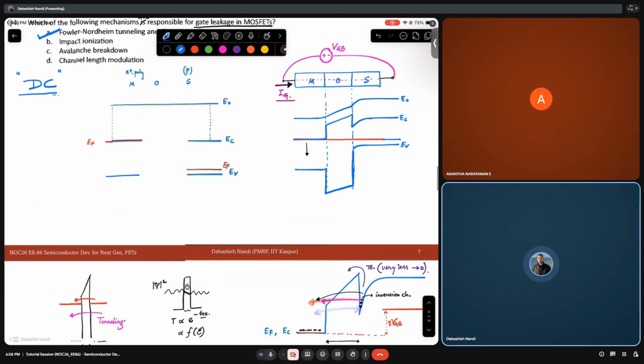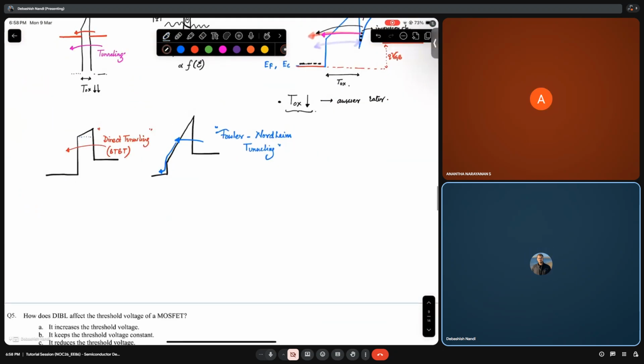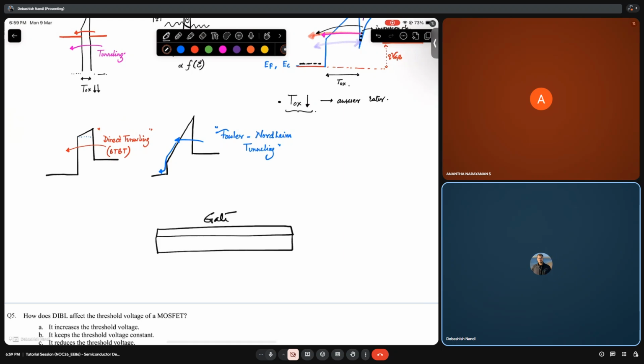So understand one thing. Your structure is like this. This is your gate. Then you have oxide. And then you have your source and drain.